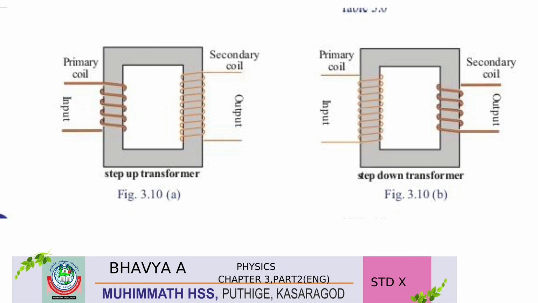See there, in the step up transformer, the primary coil has fewer turns of wire, no? In the secondary coil, the number of turns is greater.